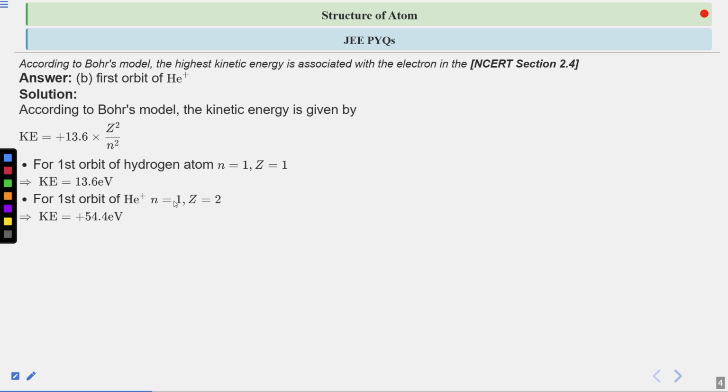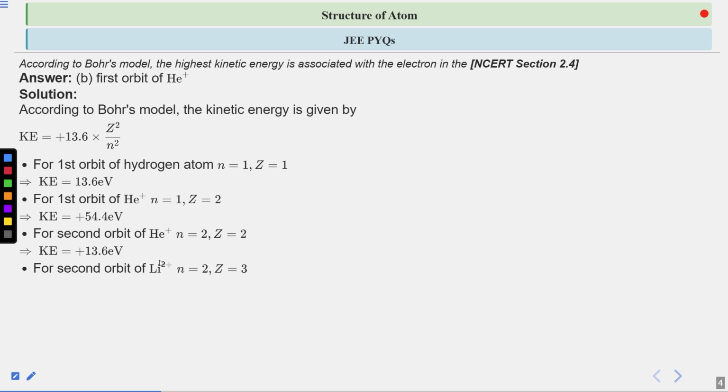Put both of these values, it will give you kinetic energy value as plus 54.4 electron volt. Our third option is the second orbit of helium plus, therefore n is equal to 2 and Z is equal to 2. If you put both the values as 2, then you will get your kinetic energy as 13.6 electron volts.